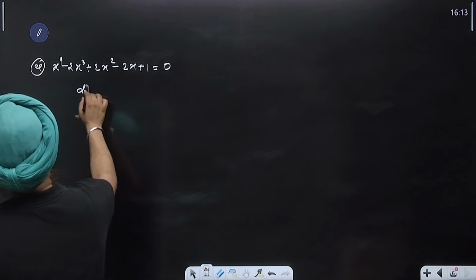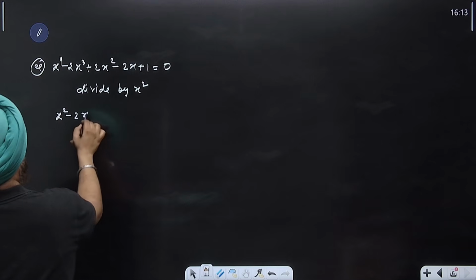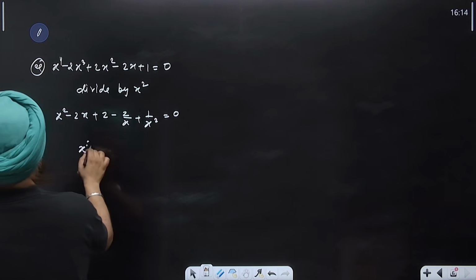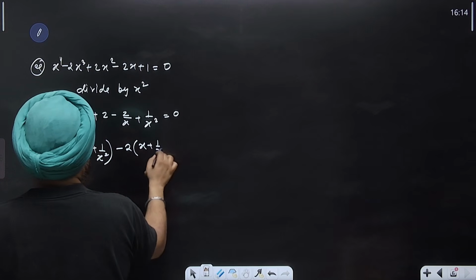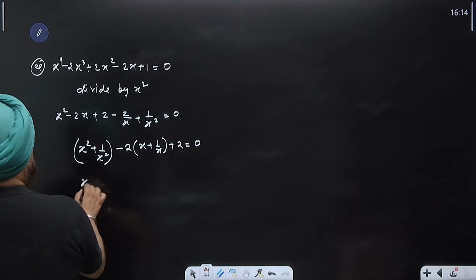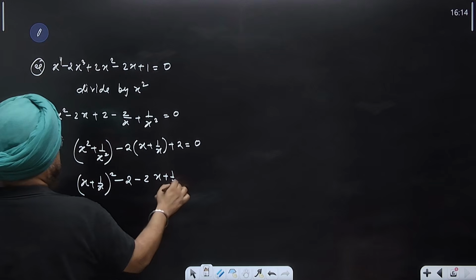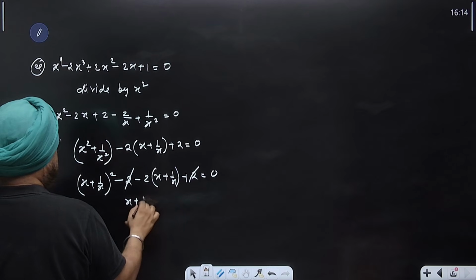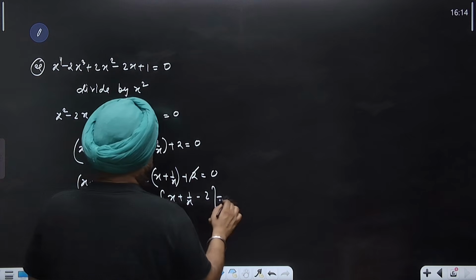So dividing this equation by x square, this equation will become (x plus 1 upon x) times (x plus 1 upon x minus 2).